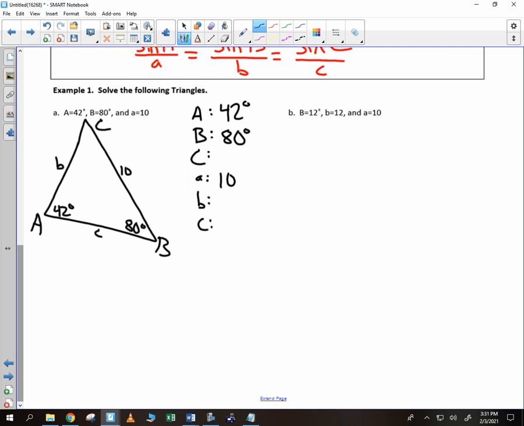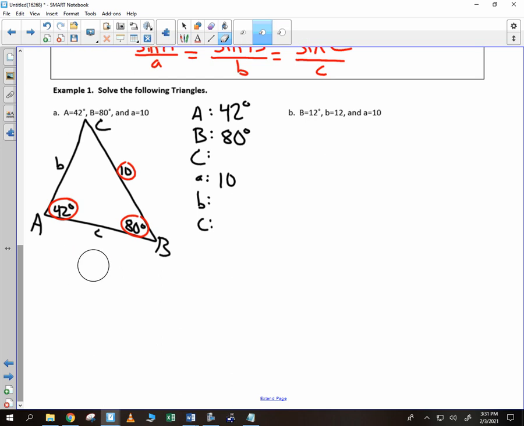So the first thing that you have to do as you look at your triangle is you need to get used to classifying the triangle. Now in this triangle I have two angles, and then a side that does not sit between the angles. So this is an angle angle side.